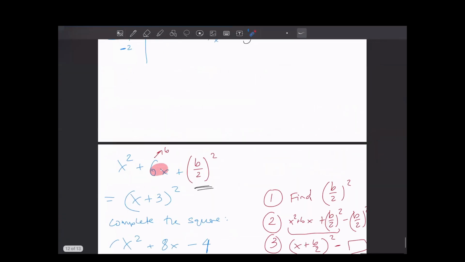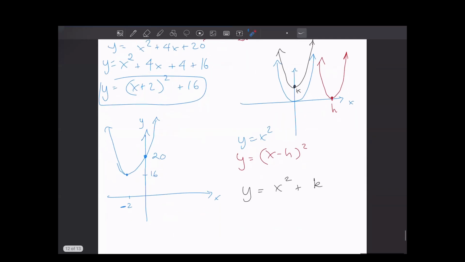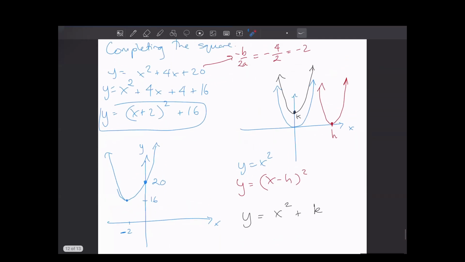So notice the axis of symmetry thing we did. You know how we used this formula and got -2? That 2 is the same as the x value here. Remember this formula, this x minus h, that determines how much our parabola goes left and right. And so the number that ends up here will always be the same as the minus b over 2, because that will be the x value of your axis of symmetry.